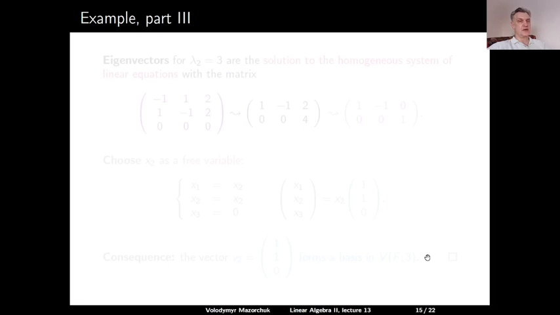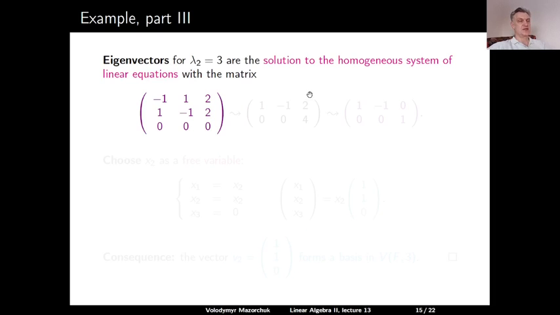The second eigenvalue is 3, so let us determine all eigenvectors for the eigenvalue 3. These are the solutions to the homogeneous system of linear equations whose matrix is the matrix of f minus 3 times the identity matrix. So this is the matrix (minus 1, 1, 2; 1, minus 1, 2; 0, 0, 0).